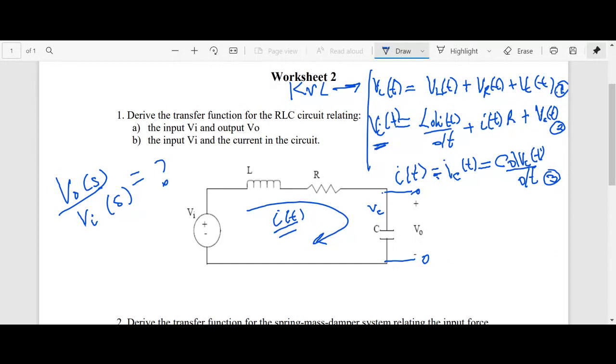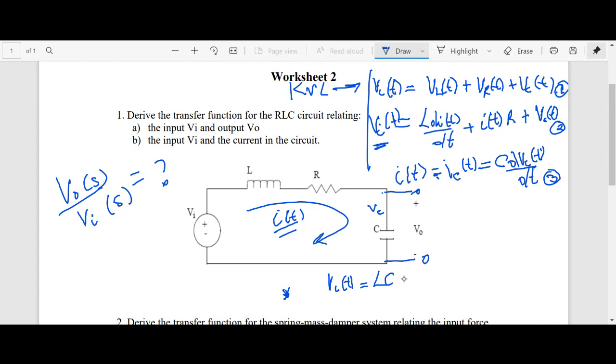In so doing, I'll end up with VI of T is equal to L, and what's going to happen here? I'm going to now put C. So what I'm doing is substituting this I here, which is C dVC of T dt. So it's going to be a double derivative of this function here.